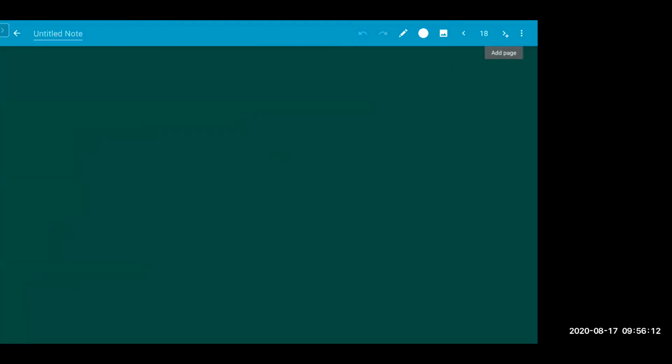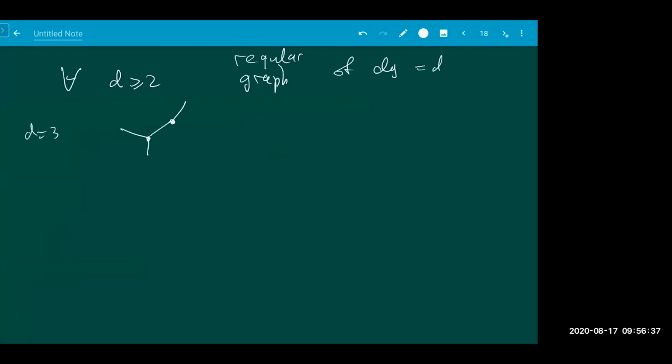Consider any D greater than 2, and consider a regular graph of degree D. For example, for D equals 3, you get a 3-valent graph.